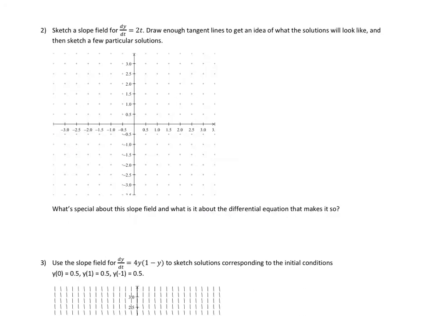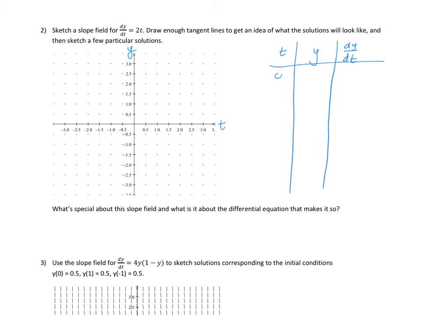Now we want to sketch a slope field for dy/dt equals 2t. Draw enough tangent lines to get an idea of what the solution will look like, and then sketch a few particular solutions. So we need to make a little table with t and y, and for each t and y, calculate dy/dt.